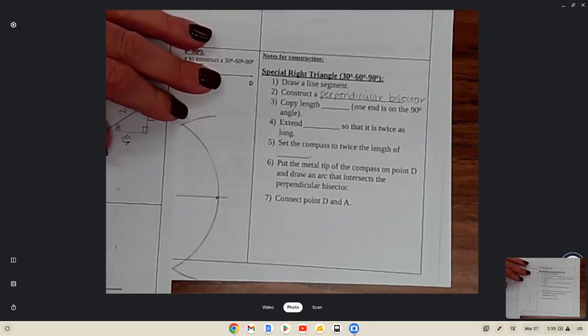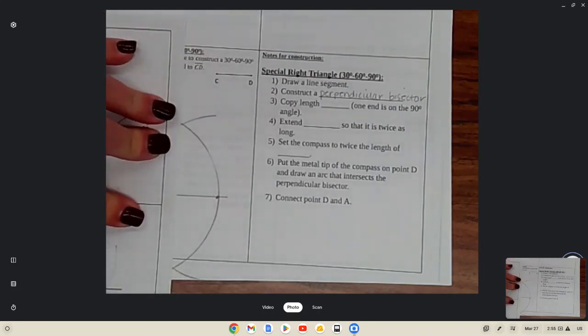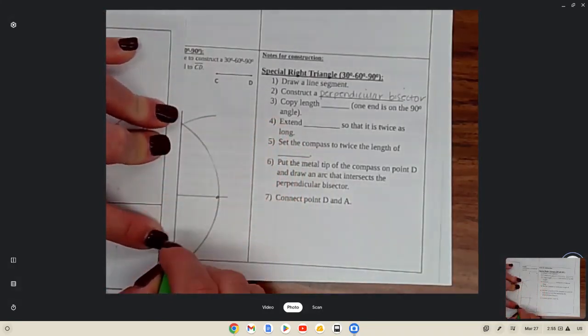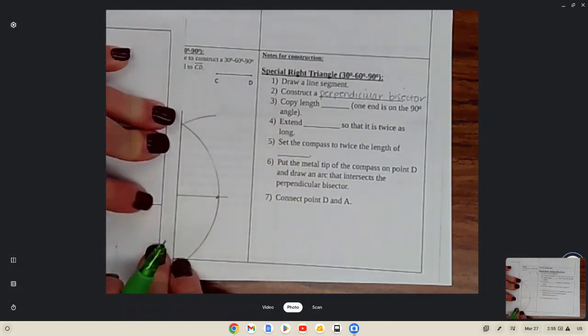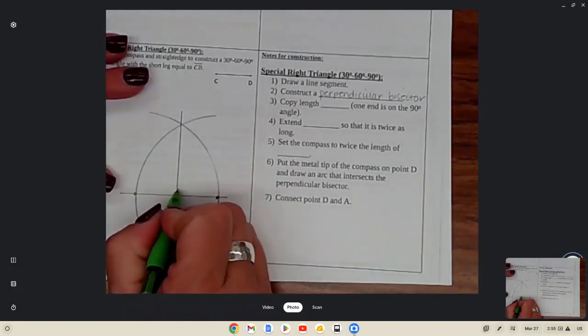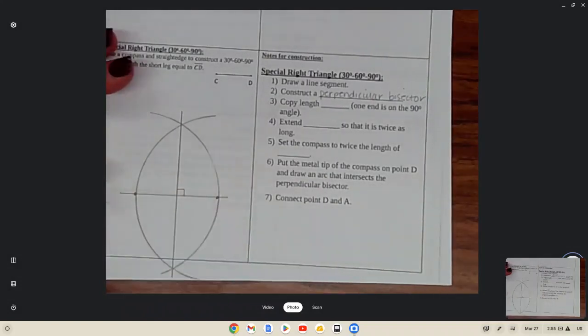Then you got to connect those 2 points of intersection to make your perpendicular line. Just like that. Okay, so we have our right angle. That's the 90, right? We're making a 30, 60, 90. We just made the 90.